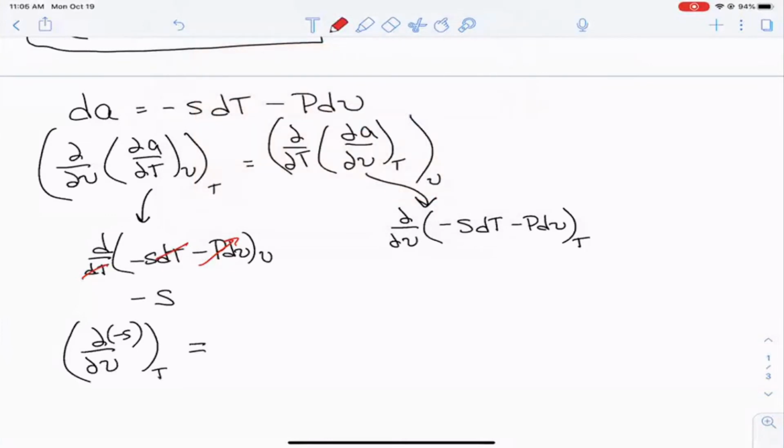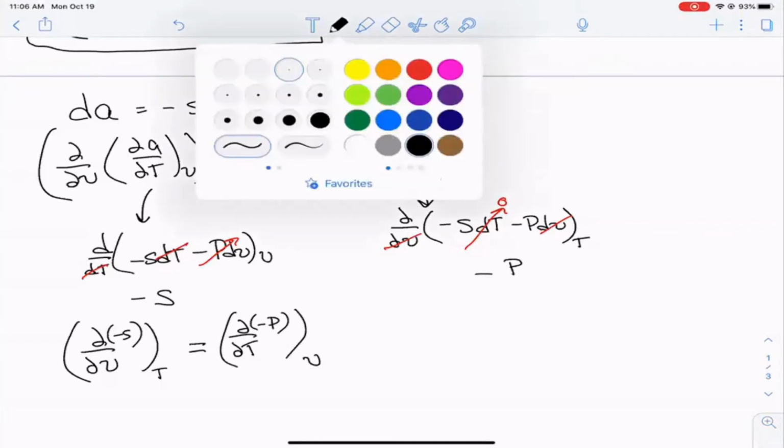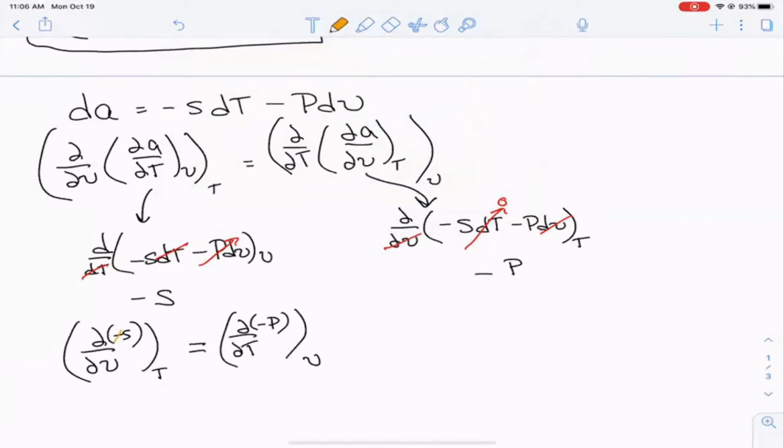At constant temperature, dT is equal to 0. And then dV over dV is equal to 1. And so this is just minus P. And so then d over dV at constant T of minus S is equal to d over dT of minus P at constant volume.